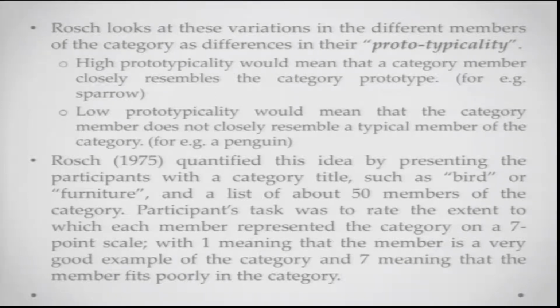So, in the example we are talking about, a penguin probably could be somewhere around a 6 or a 7, which is a poor member of the category bird, whereas a sparrow or a bulbul or a myna might get marks up to 1 or 2 because they are very good members of this particular category.